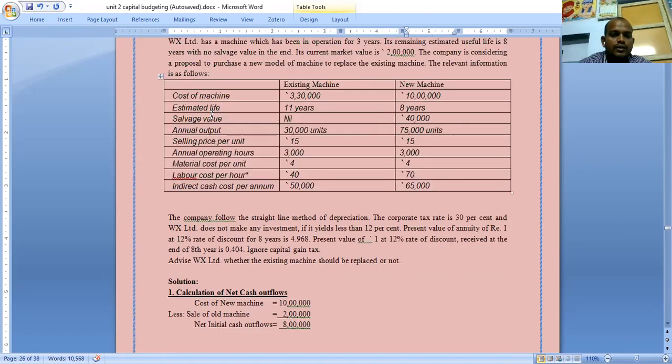And then we have to deduct the annual operating costs. Those are material cost, labor cost, and indirect cash cost per annum. So labor cost will be calculated with the help of operating hours: 40 into 3,000 hours, and for the new machine 70 into 3,000 hours. Likewise, we have to calculate the labor costs. Let us go one by one.